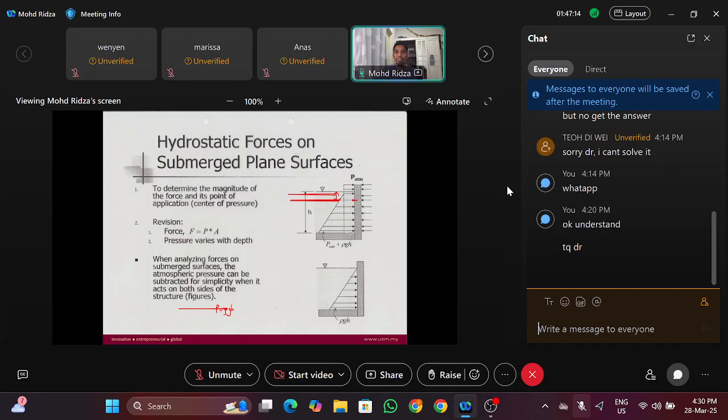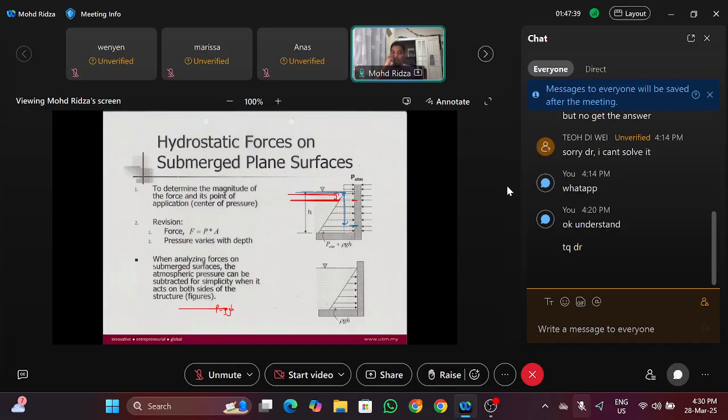That's my H. If I want to calculate the pressure at the bottom, if I want to calculate the pressure here, rho GH, my H is from here to here, right? So rho GH is the pressure at one point.